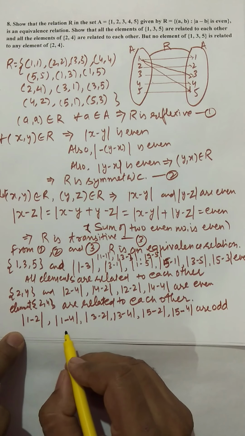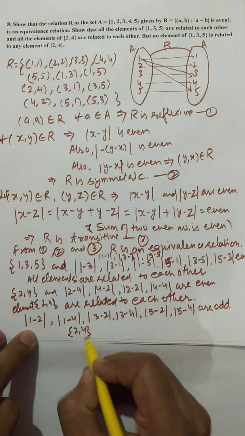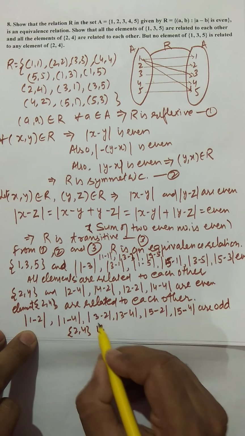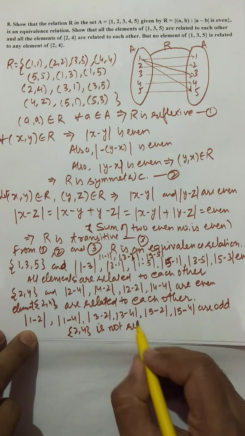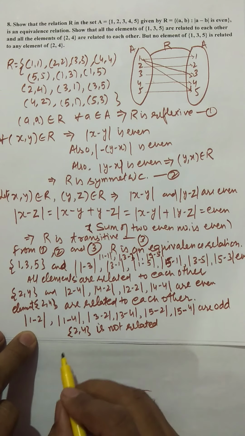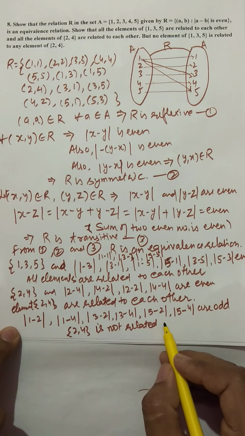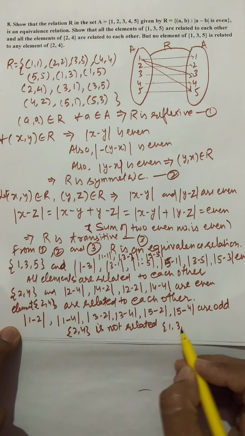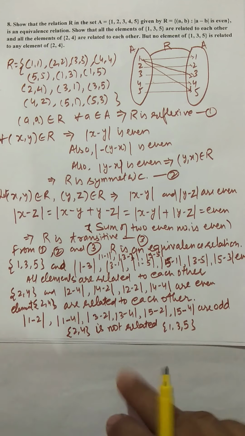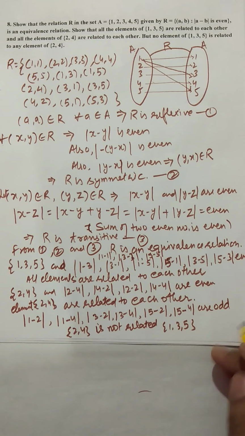So you can say that 2, 4 is not related to 1, 3, 5, or 1, 3, 5 is not related to 2, 4.